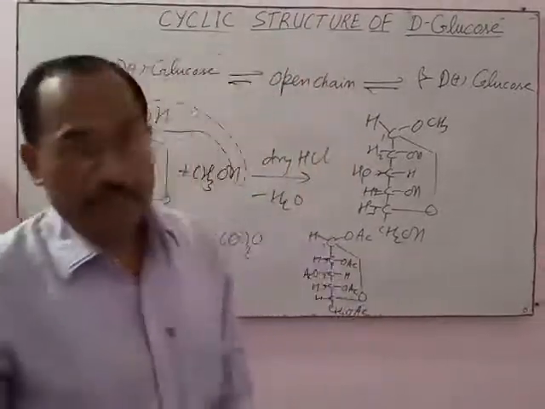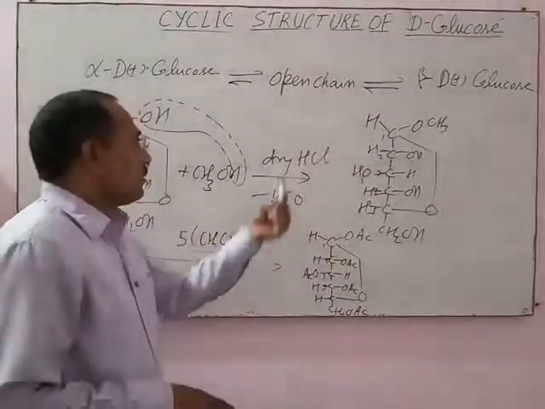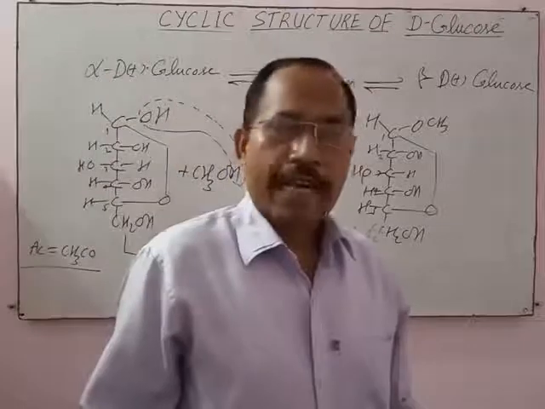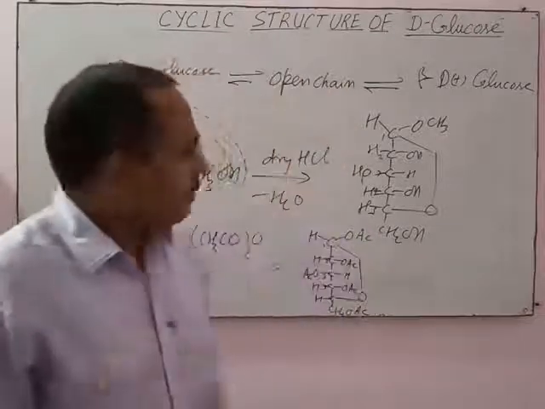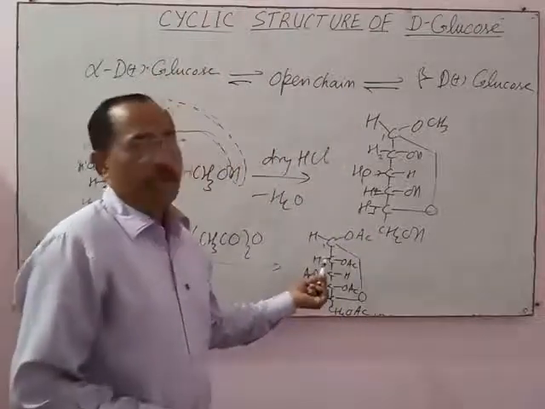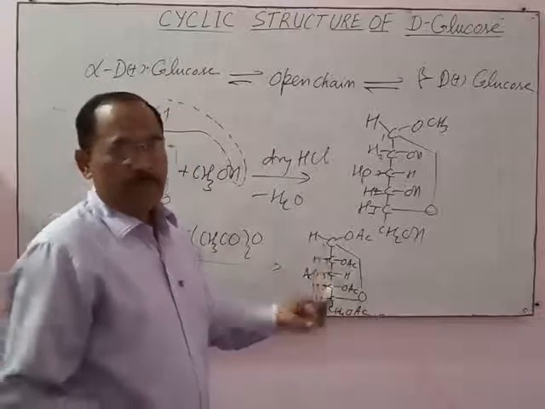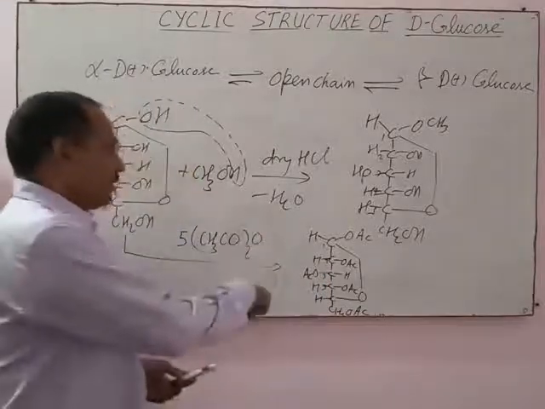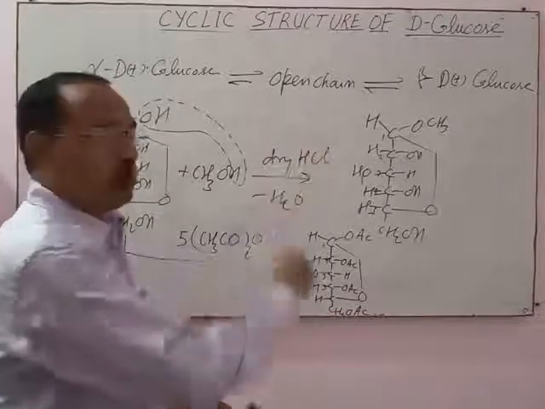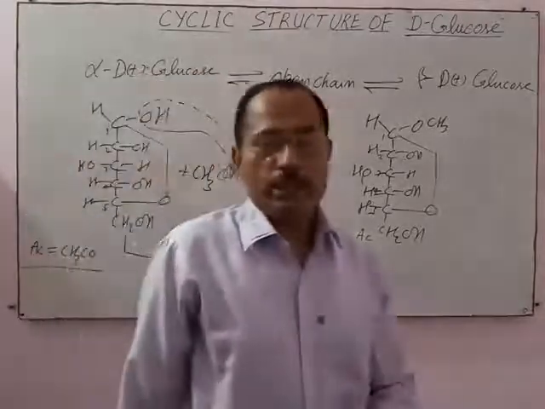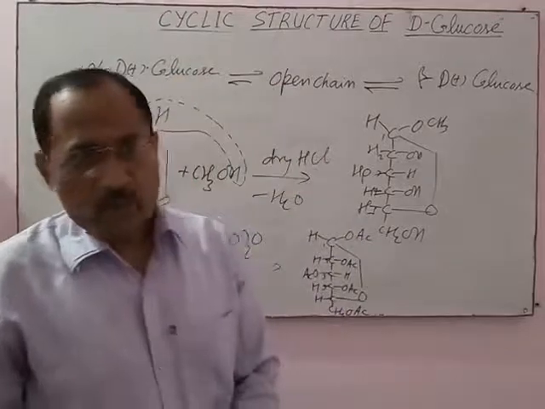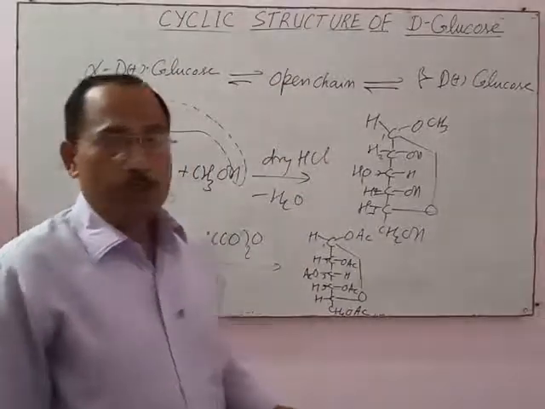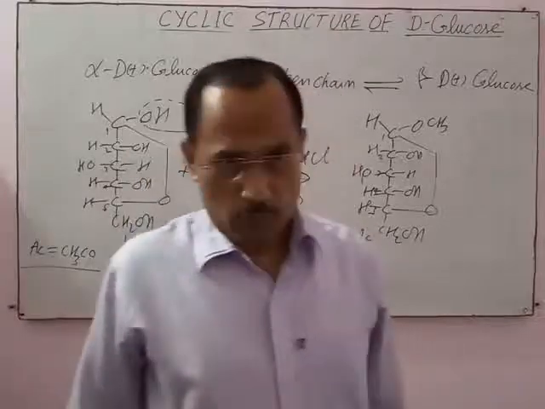Its pentaacetate or glucoside does not react with hydroxylamine due to absence of OH group on the anomeric carbon. This is the main reason pentaacetate, glucose and glucosides do not react with hydroxylamine, which clearly explains that the CHO group is absent in the glucose molecule.